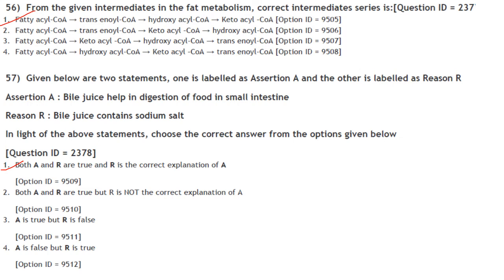Given below are two statements. One is labeled assertion and the other is labeled as reason. Bile juice helps in digestion of food in small intestine. Bile juice contains sodium salt. So both A and R, that is assertion and the reason, are true, and R is the correct explanation of A. So answer is option 1.